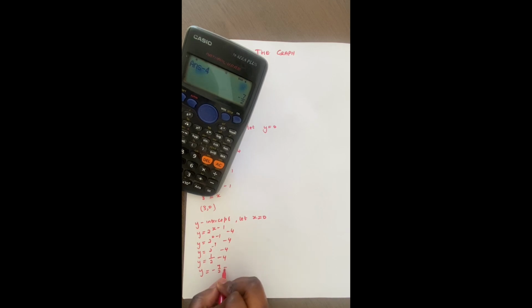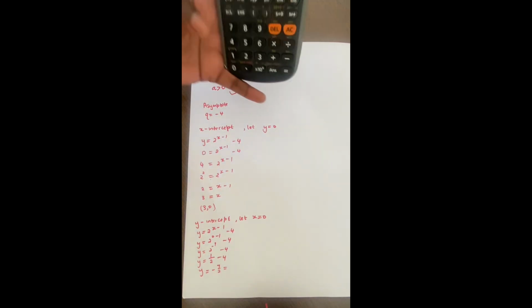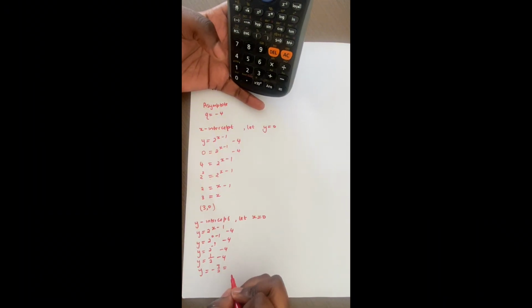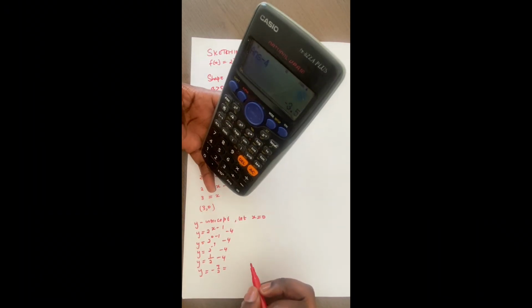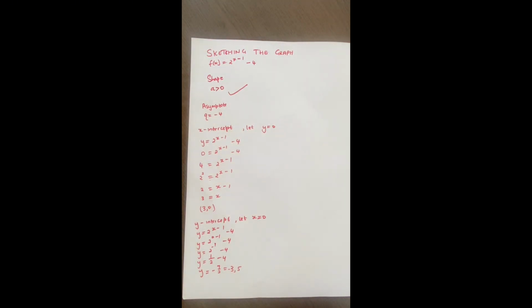You should convert it to a decimal so that you can know which point this is. So negative 7 over 2 is negative 3,5. Alright, so the point here is (0; -3,5).